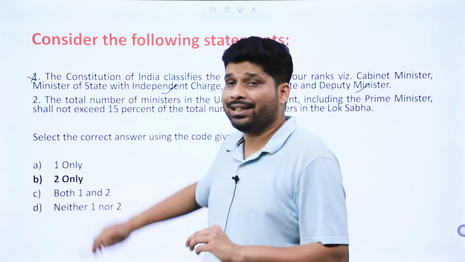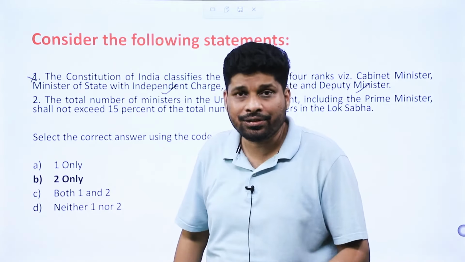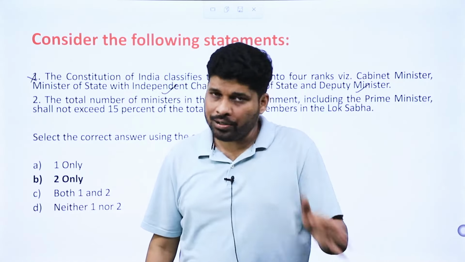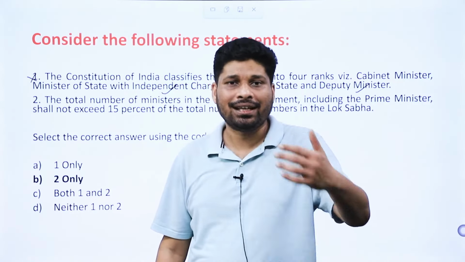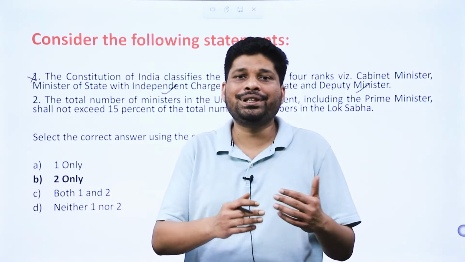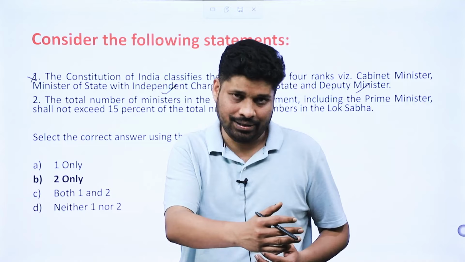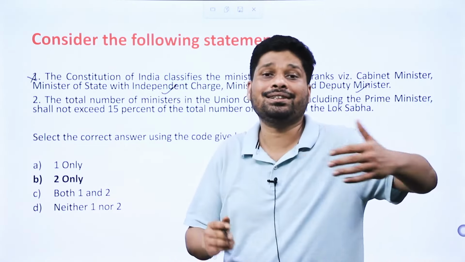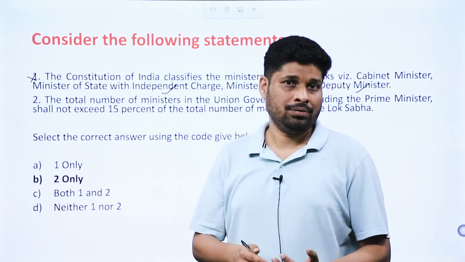This differentiation is based on administrative purpose. It is done by the President of India, not the Constitution. The President of India is allowed to take steps through which the efficiency of administration will be increased. So the President has made this differentiation, not the Constitution.